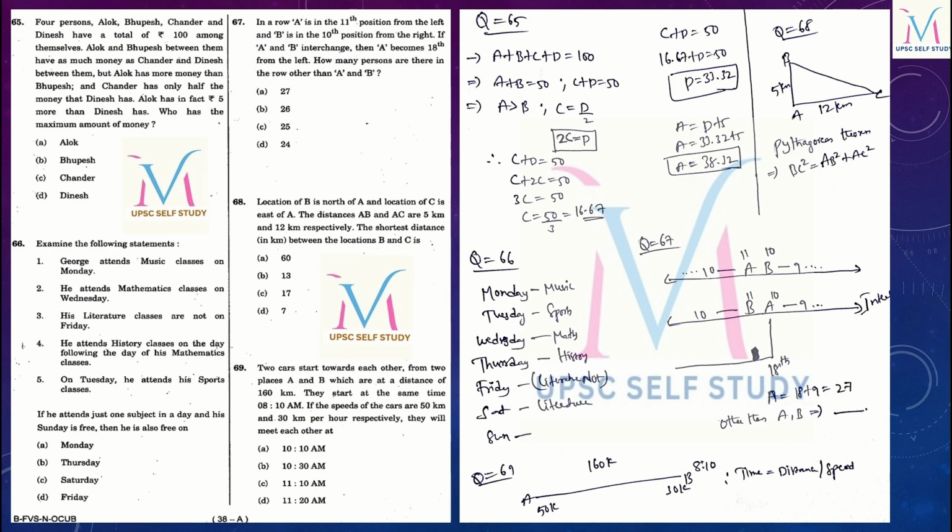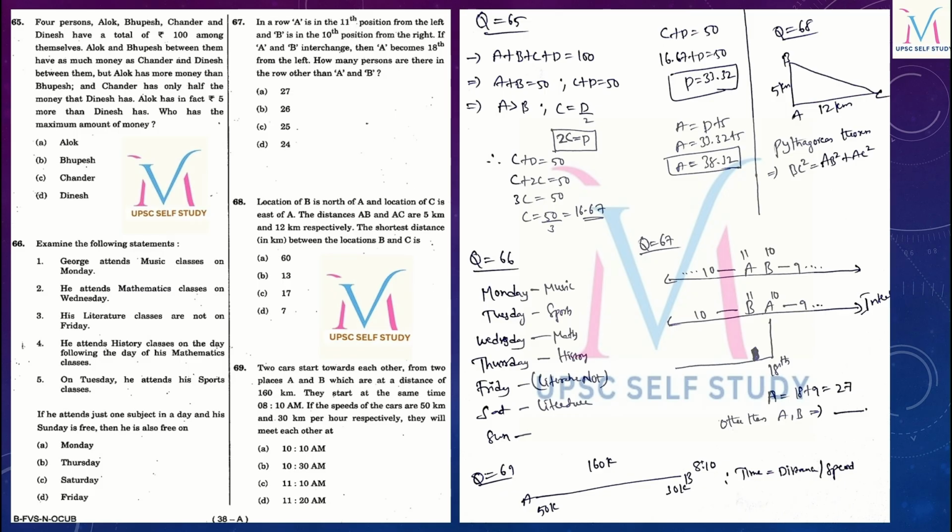So after interchanging, A is 18th from the left, and before that it had 9 positions. Now we have to add these 18 positions on the left side and 9 positions on the right side. Here 18 plus 9 we get 27. Now the entire number of positions after interchanging is 27.